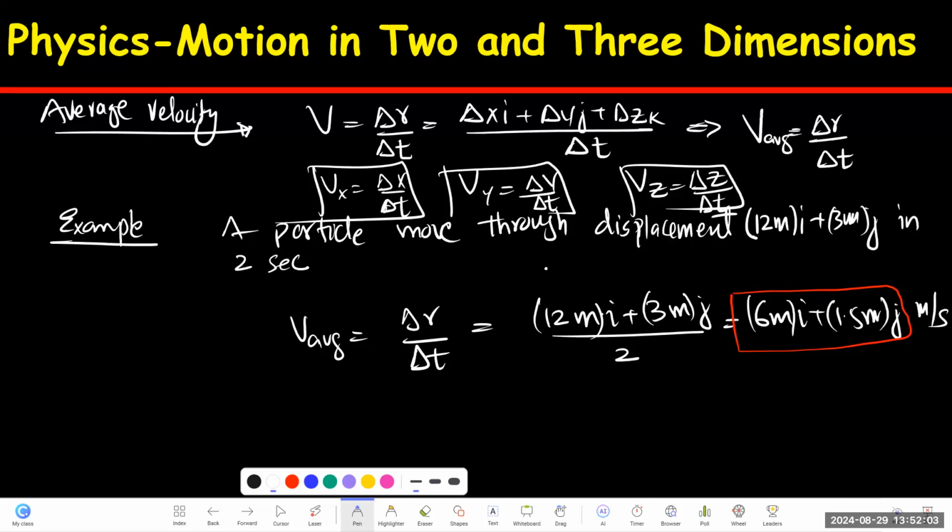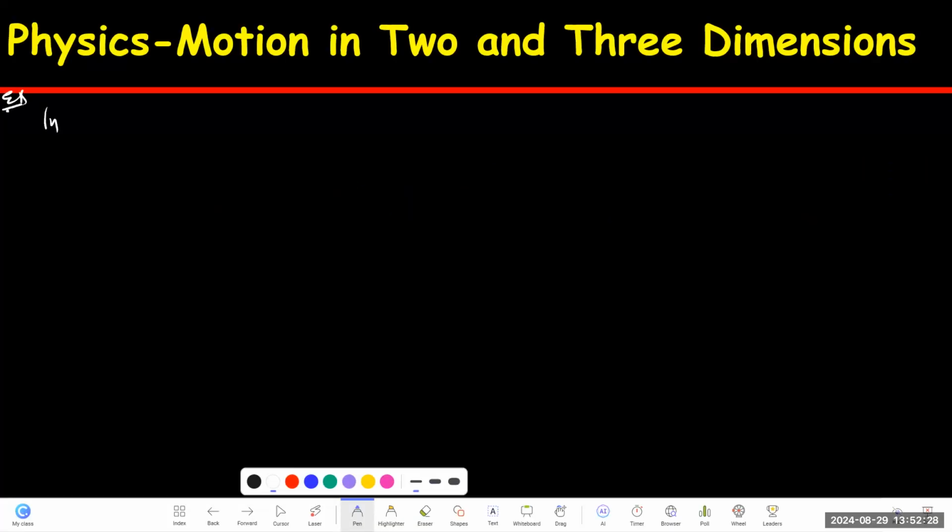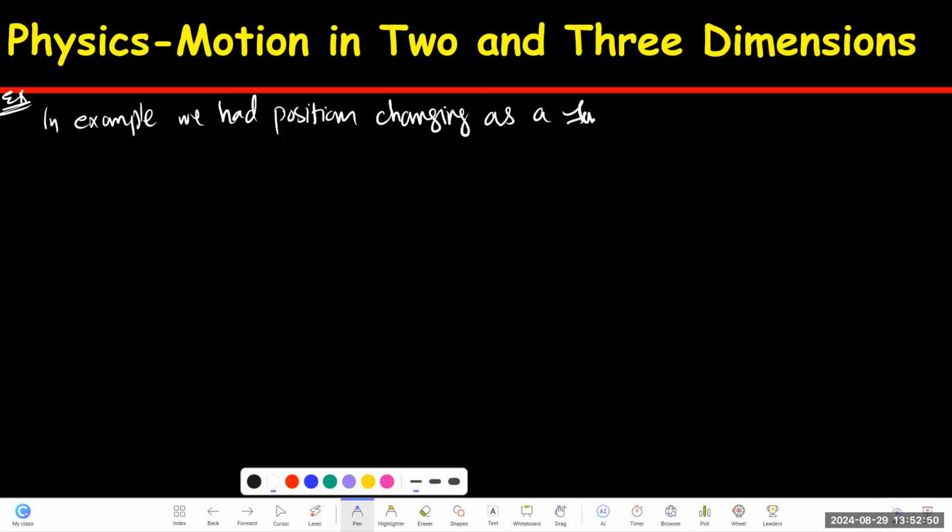Now, let's take a look at an example. Let's take a look at another problem, example 4.1. In this example, we have position changing as a function of time.